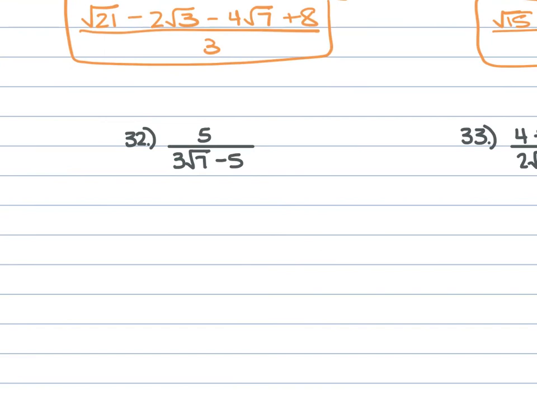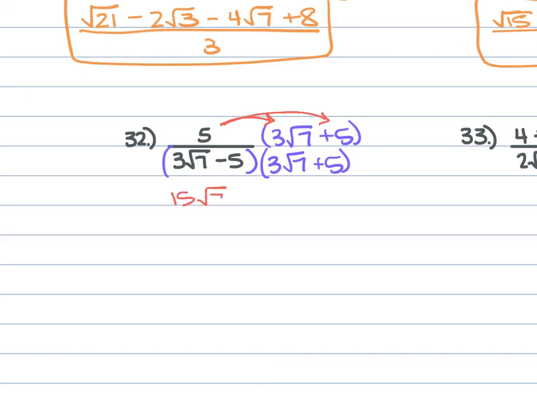For 32, the conjugate of our denominator is 3 square root 7 plus 5. So we're going to multiply the top and the bottom of our fraction by that 3 square root 7 plus 5. So from here, like I said, distribute that 5. We have 15 square root 7 plus 25 all over 3 square root 7 squared minus 5 squared.